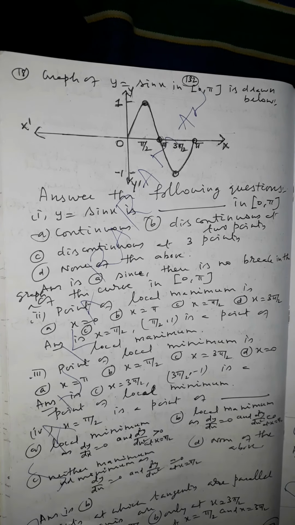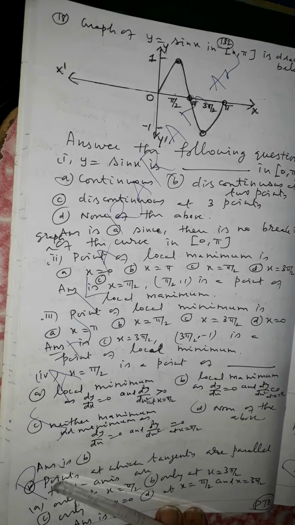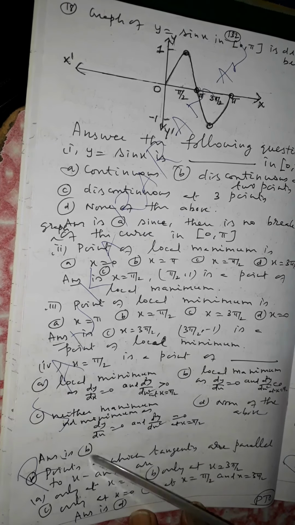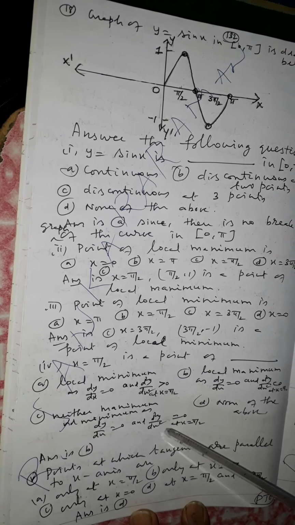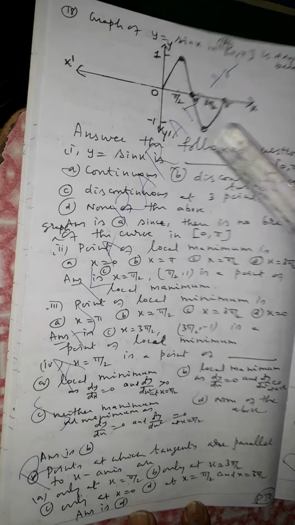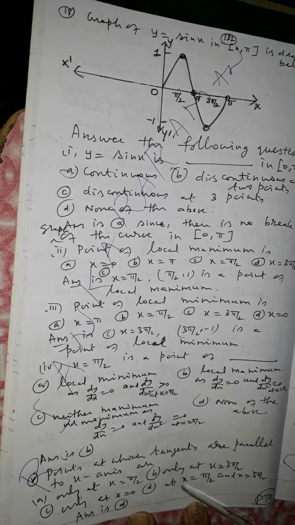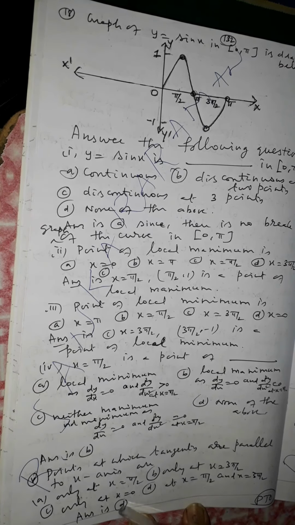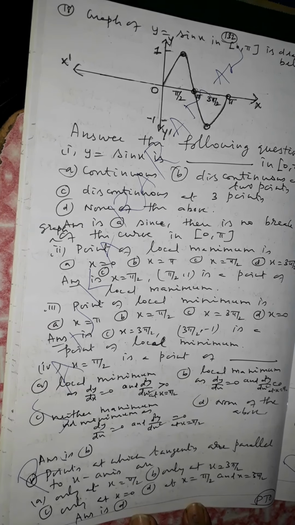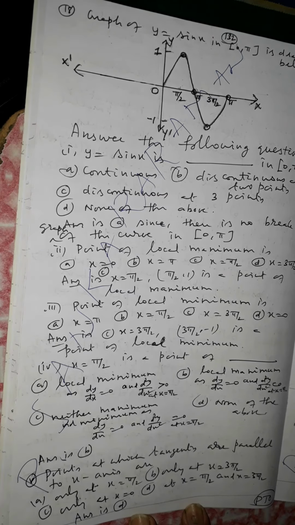Then subdivision 5, points at which tangents are parallel to x-axis: there are 2 points, x equal to pi by 2 and x equal to 3 pi by 2. These are the 2 points at which the tangent is parallel to x-axis. Therefore here answer is D. I think the rest we'll discuss in the next video.